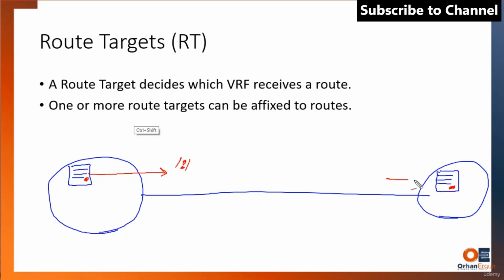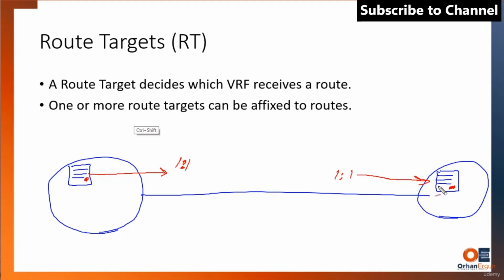This is going to say I am importing just routes that have 1:1, not the route distinguisher. This is an extra value, like I said. So this is going to say I'm exporting with 1:1, and the other side says, okay, you exported this with 1:1, so anything that comes with 1:1, I'm going to install it in here.